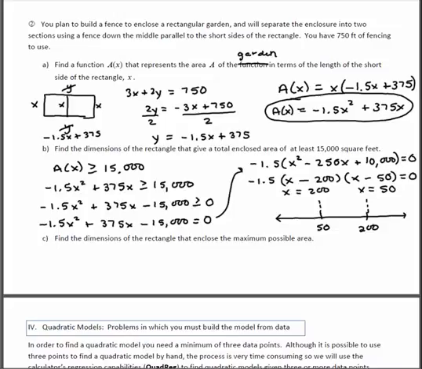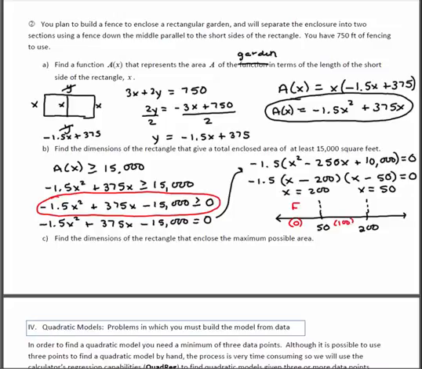All right, to do the test, I'm going to go back to this function right here, the inequality. And I'm going to start by plugging in 0 as my first test point. And I can certainly see that if x is 0, I would get negative 15,000 greater than or equal to 0, which is false.